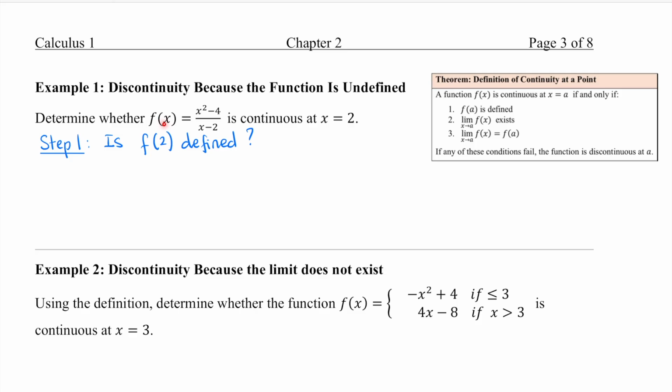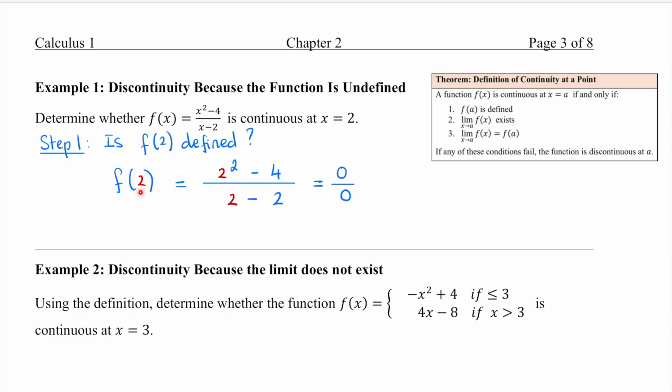I will substitute x with 2 to find the value of f at x equals 2. f of 2 equals 2 squared minus 4 all over 2 minus 2. In the numerator, I have 2 squared minus 4. 2 squared is 4 and 4 minus 4 is 0. In the denominator, I have 2 minus 2, which is also 0.